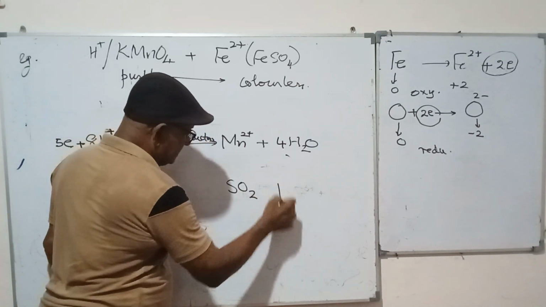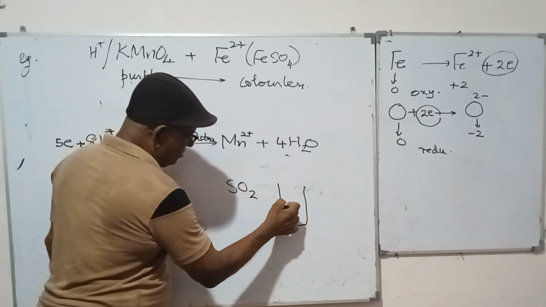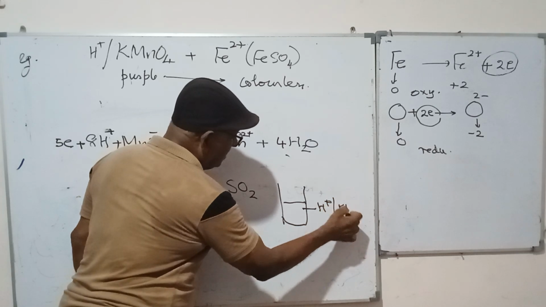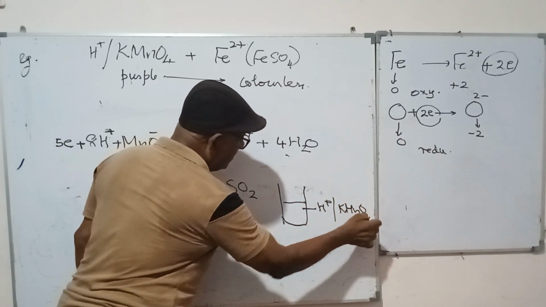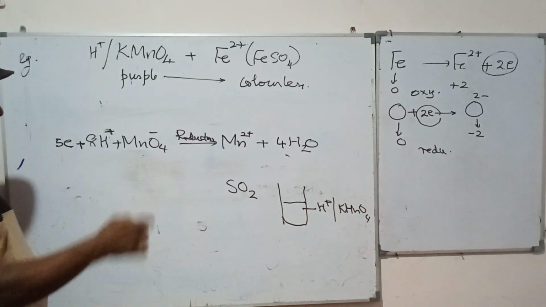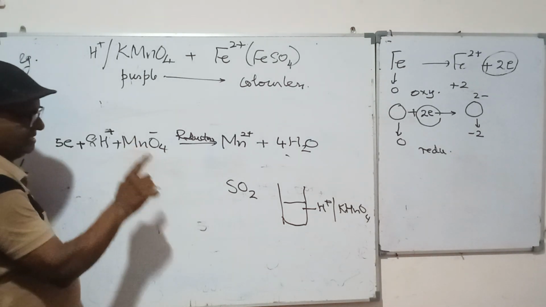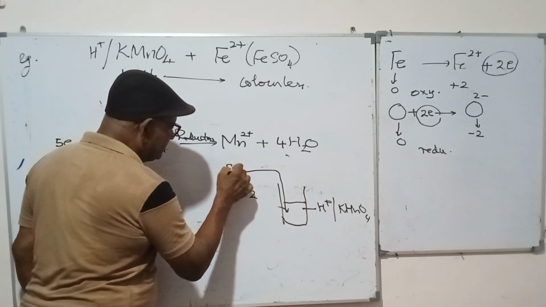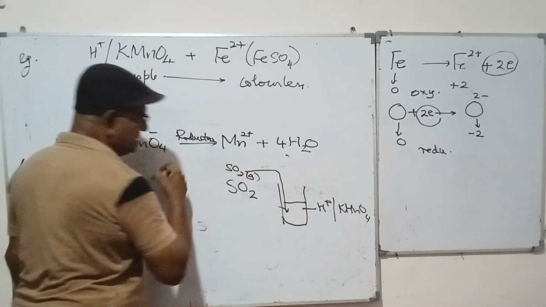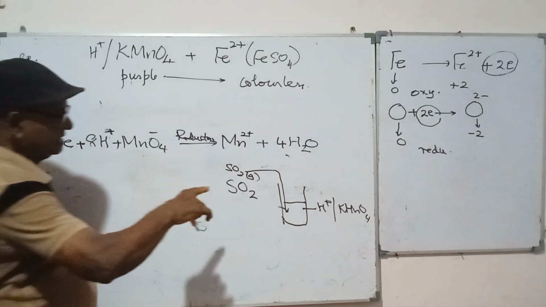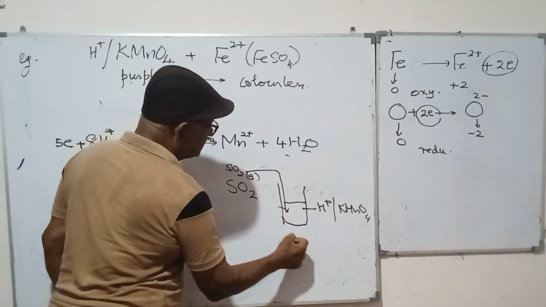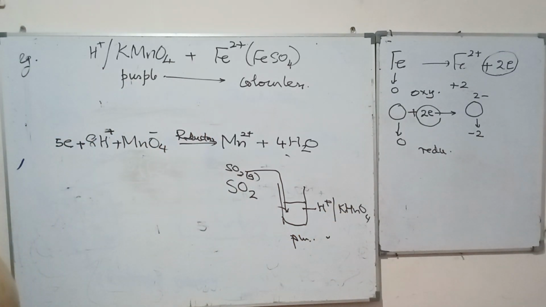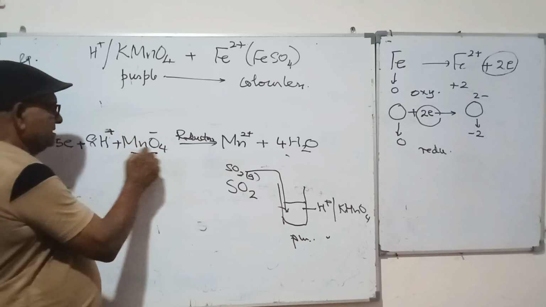If we take an acidic solution of KMnO4, it has MnO4 minus ions. Then if we pass SO2 gas through this solution, it becomes purple to colorless. That means this reaction has occurred.